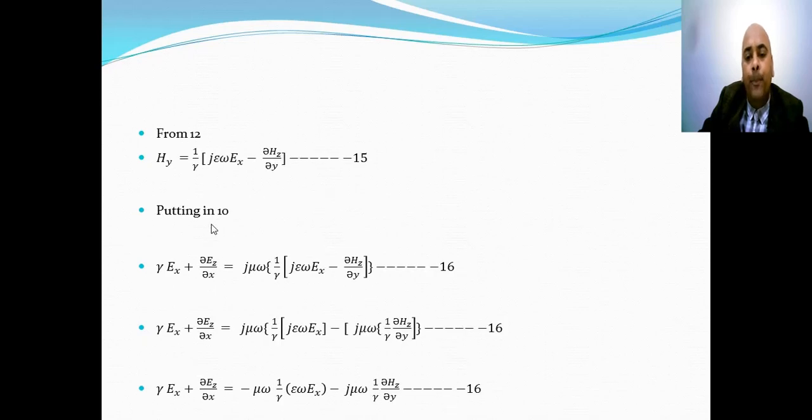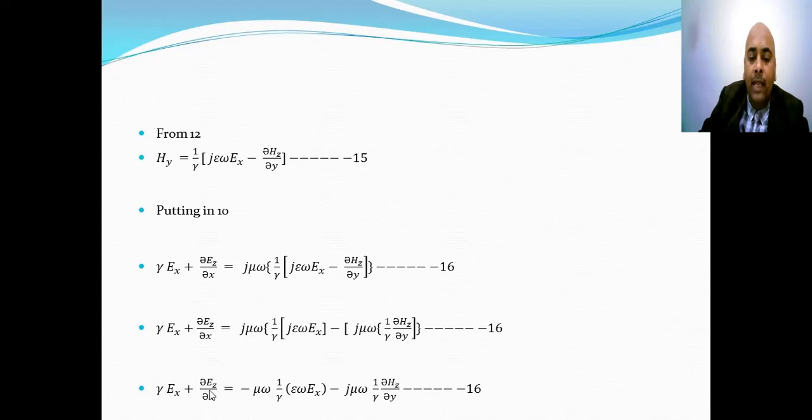So after putting the value of Hy in equation 10, we obtain that curly Ex plus curly Ez upon curly x is equal to minus mu omega 1 upon gamma epsilon naught omega Ex minus j mu omega 1 upon gamma curly Hz upon curly y.